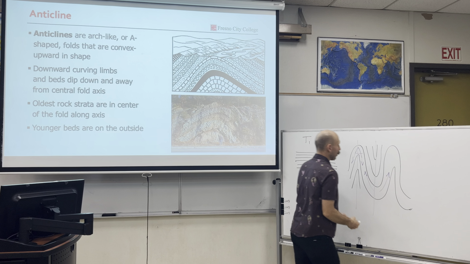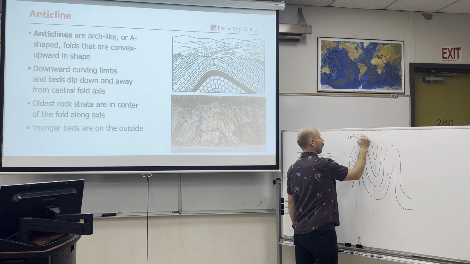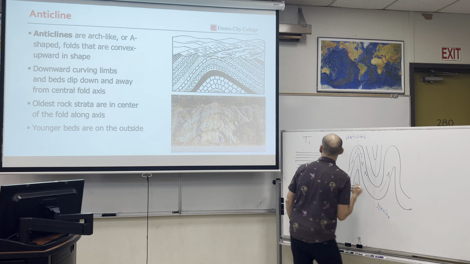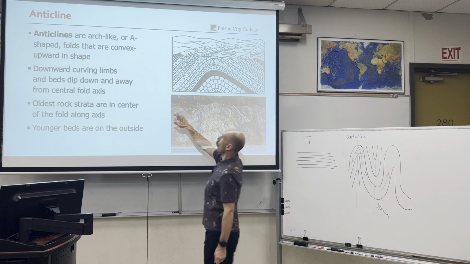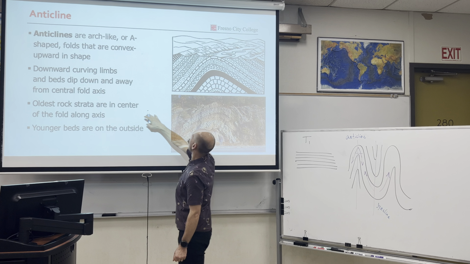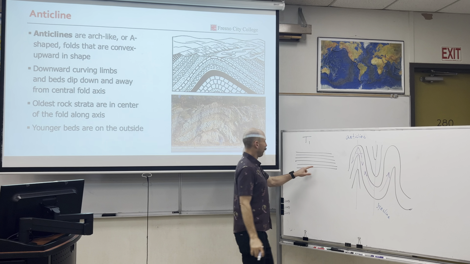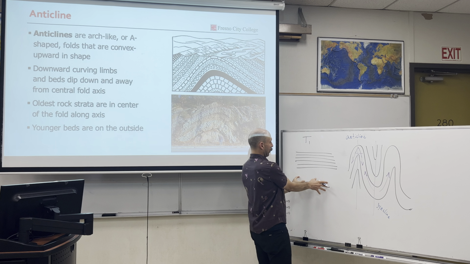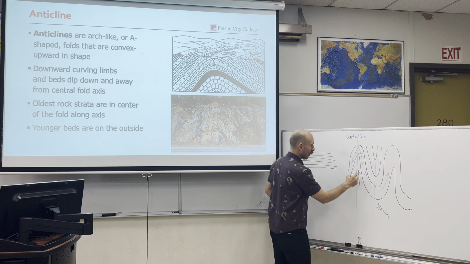It doesn't make an S as well as it does an A. So features about the anticline: downward curving limbs. The older rock strata are in the center along the fold axis. So if this is the oldest layer here, and you bend the layers on either side, the oldest rock layer is in the center. Let's just do a big star.